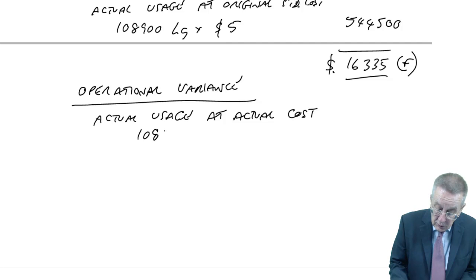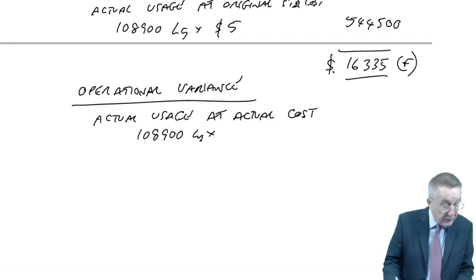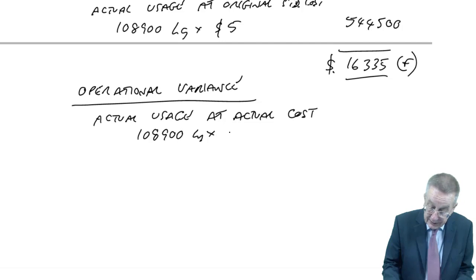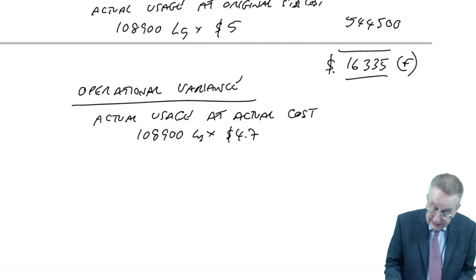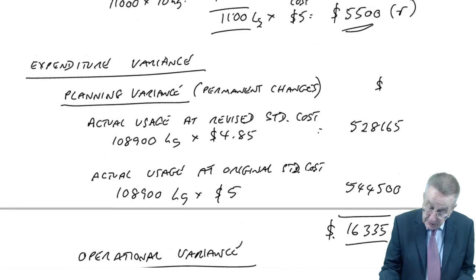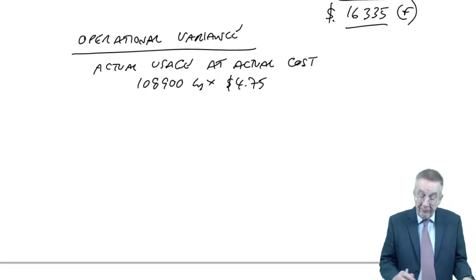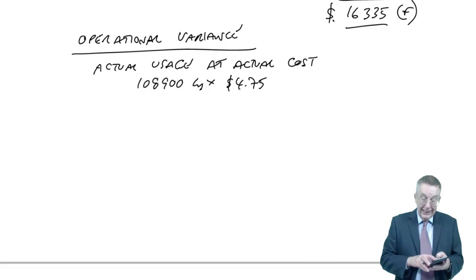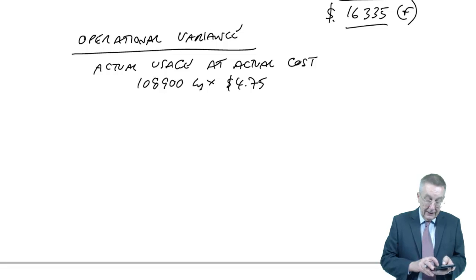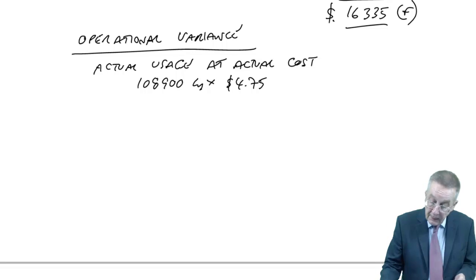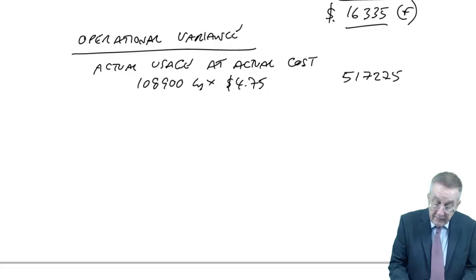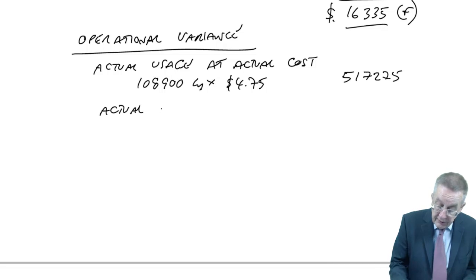I know we had it before, but I'm not going to bother winding back. The actual cost was $4.75. Did I use it? Yeah. Which is $517,275. How much should we have, or should he or her have paid?